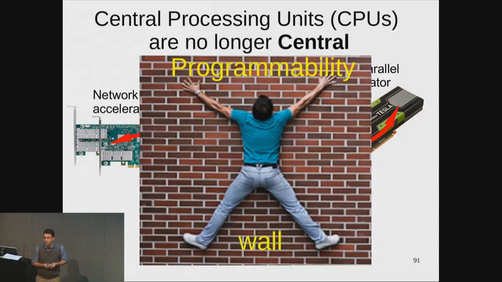Go and program the system with a bunch of accelerators, each one having different constraints and low-level programming frameworks, without any abstraction. Doing this is really tough. And so the goal that we set out to achieve several years ago was to break this wall.